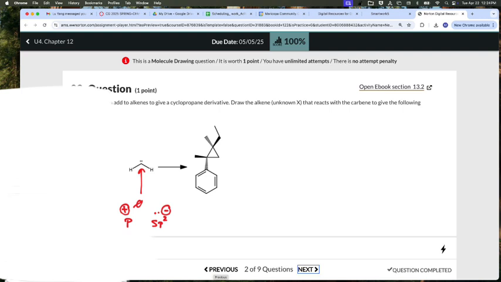If I'm trying to predict what reacted with this, the first thing I need to do is figure out where this thing went in my product. So, where is it? So we're just trying to find that red dot. Tip of the triangle. So right there. This has an ethyl and a methyl connected to it.